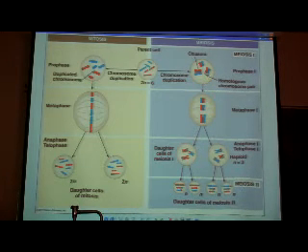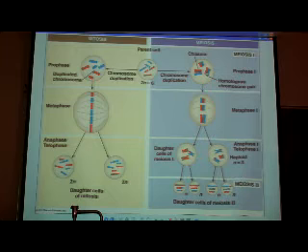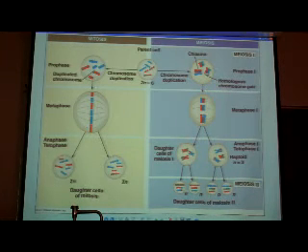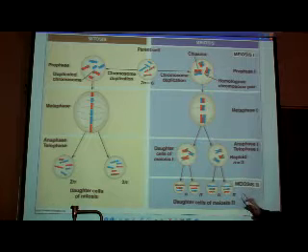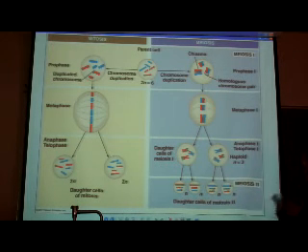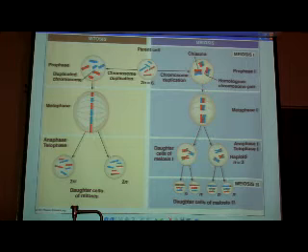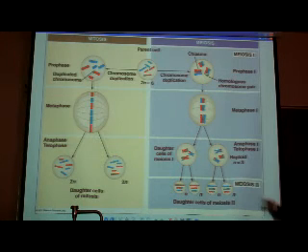So, at the end of meiosis 2, you have 4 haploid cells. Crossing over has resulted in those chromosomes having exchanges of genetic material, which is why you see red and blue all over the place in different places. But you start off with 1 diploid cell, you end up with 4 haploid cells.